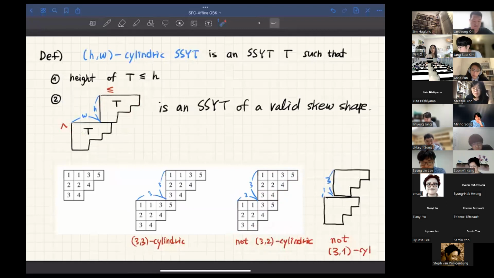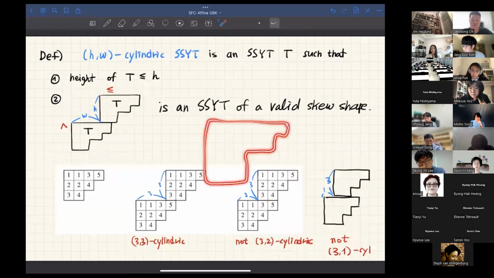And this is not 3-1 cylindric either, because in this case you don't even have to look at the entries. If you shift by 3 and 1, then you can see this is not a valid skew shape. By the way, I don't think I defined skew shape, but a skew shape is a set theoretic difference between two partitions like this.